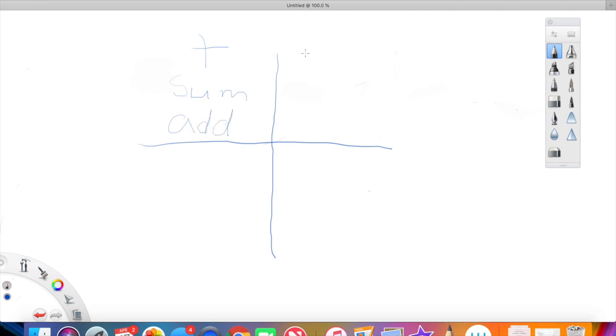When we are subtracting, some vocabulary we have is different. So I'll just put diff and less than.